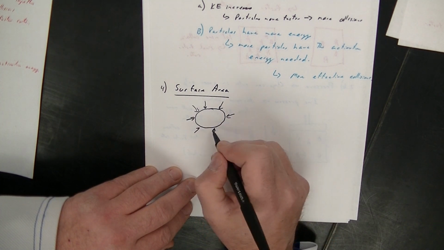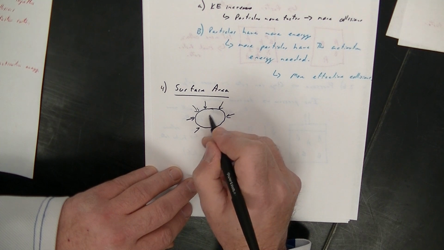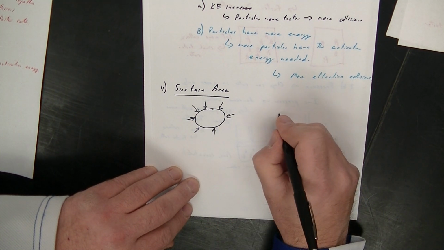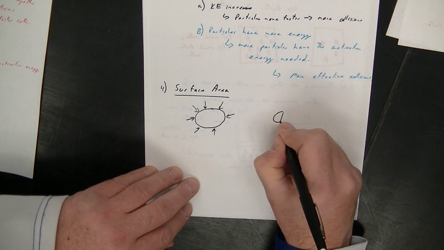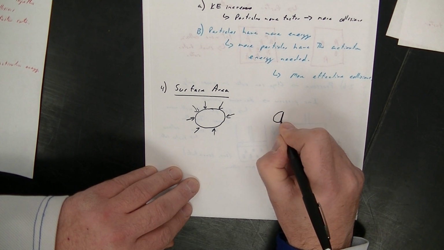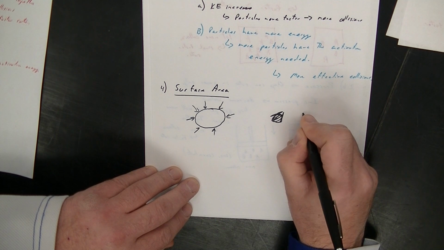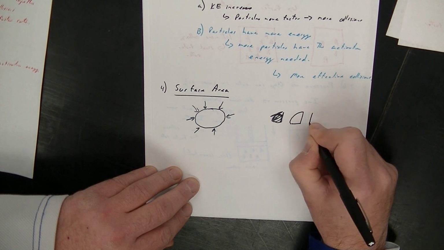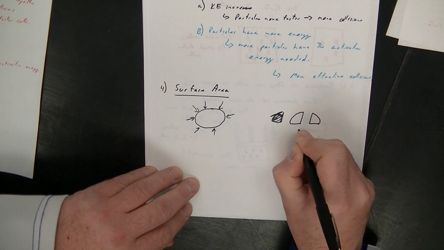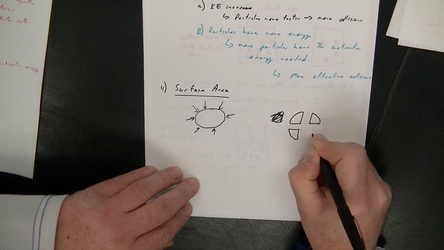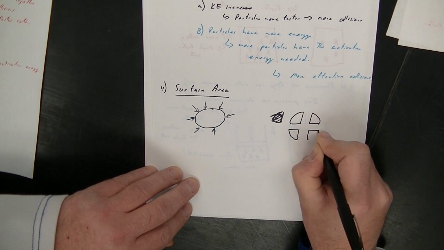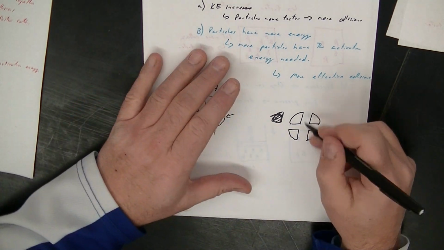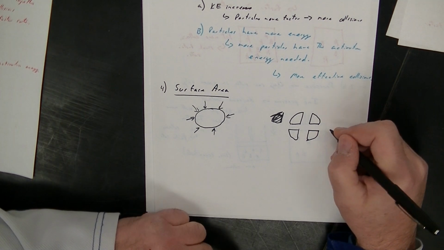Right? Now, what if I take this sphere and I break it up? So let's say that I cut it in half and then I cut it into quarters. So now I might have something like, ooh, that's not what I wanted. Disregard that. Okay, so I might have a quarter here, quarter here, quarter here, and a quarter here. So instead of having this solid sphere, now I've cut it up. Well, what have I done to my surface area?